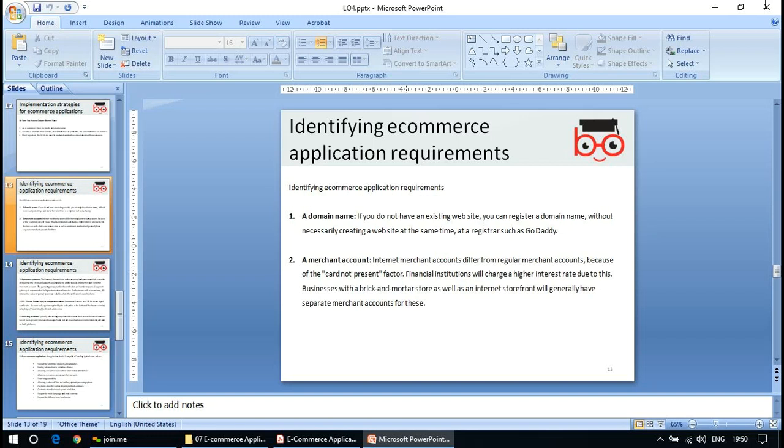a connection from server to consumer computer, or rather their browser. When they browse, the HTTPS protocol is shown in the address bar.